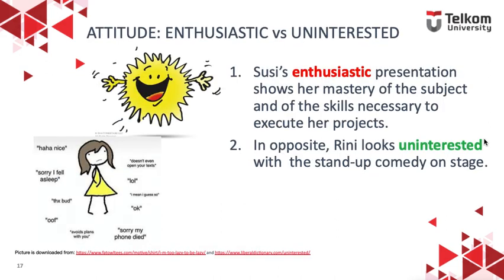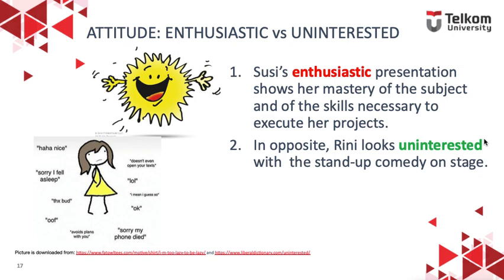Okay. Now we are going to the next adjective vocabulary. It's about attitude. You have to choose between enthusiastic or uninterested. Some of the examples are: number 1, Susie's enthusiastic presentation shows her mastery of the subject and of the skills necessary to execute her projects.